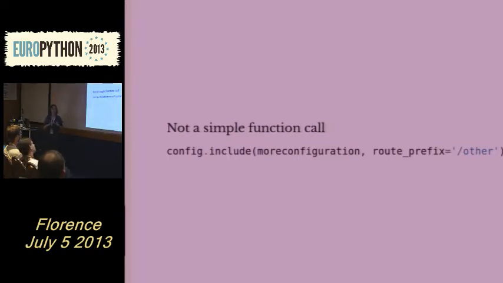And this root prefix argument makes it so that any root defined in more configuration functions will be prefixed with this prefix. Which means I can take some library or some code from someone else and import it as a subpath in my application so that it doesn't conflict with my own roots. I can also use it to make different parts of my application in different modules and import them all in different subpaths of my application.